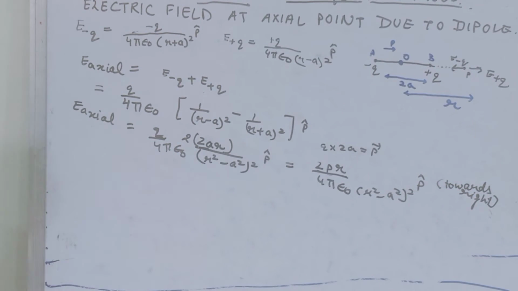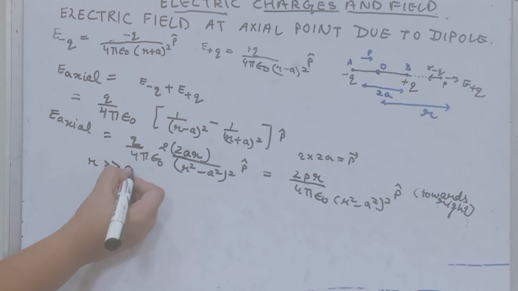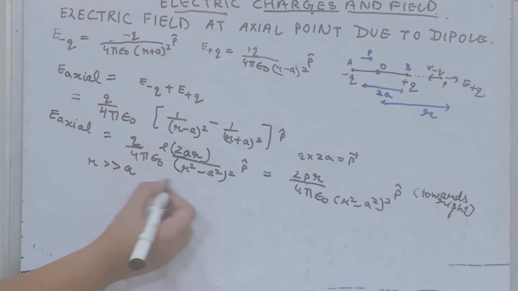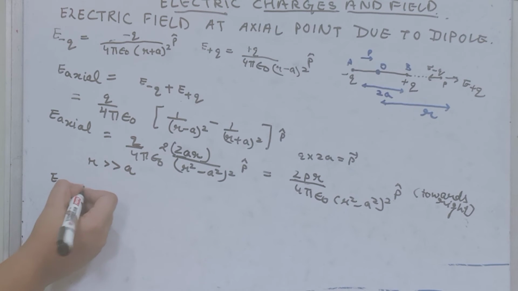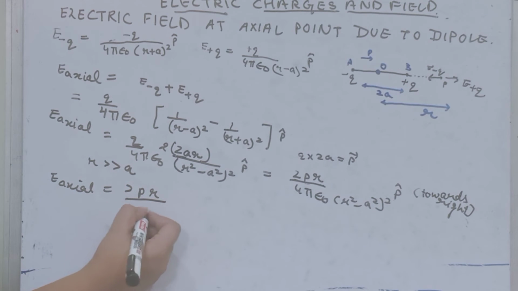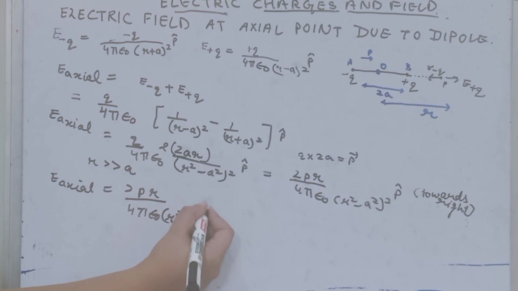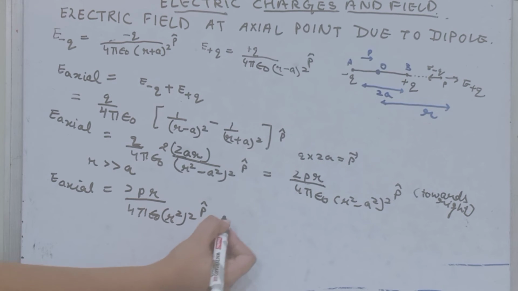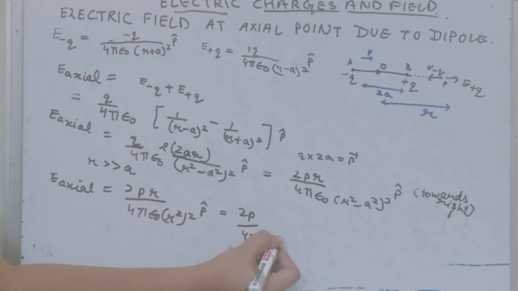Fine. Now what if R is very greater than A? Then we can neglect this A, and electric field due to axial becomes 2PR upon 4 pi epsilon naught into R square whole square into P cap. That is nothing but 2P upon 4 pi epsilon naught R cube into P cap.